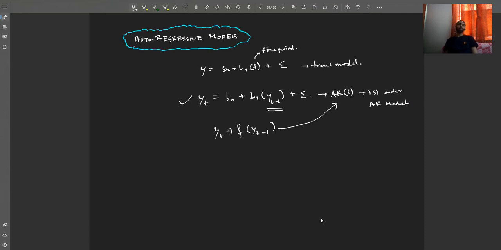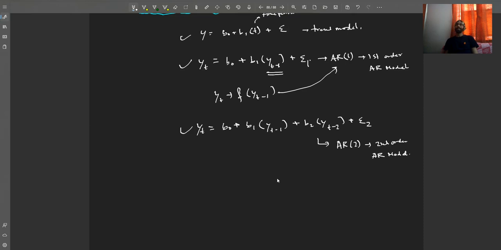Now what is the second order autoregressive model, friends? This is given by something like this: Yt is equal to b0 plus b1 yt minus 1 plus b2 yt minus 2 plus error. This is called the second order autoregressive model, or AR2.